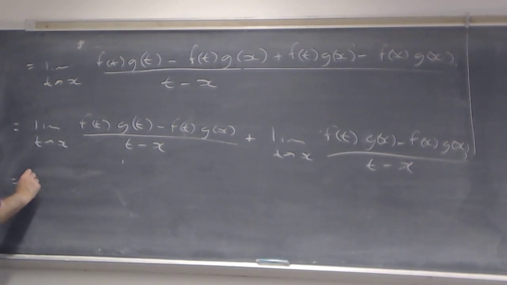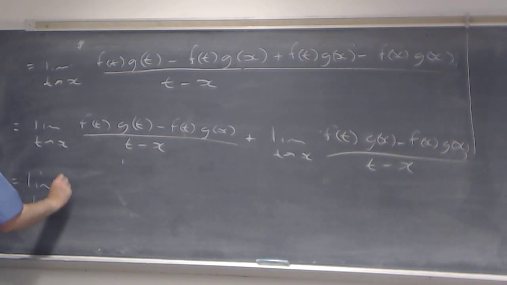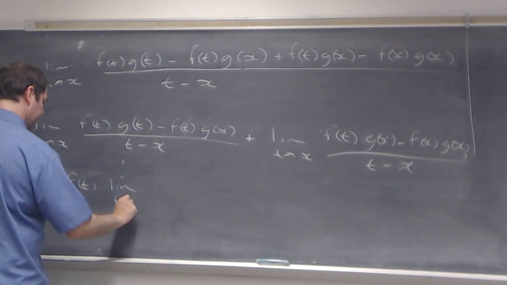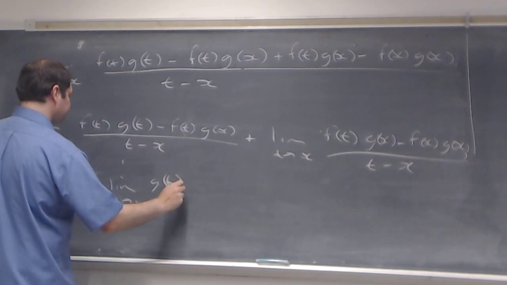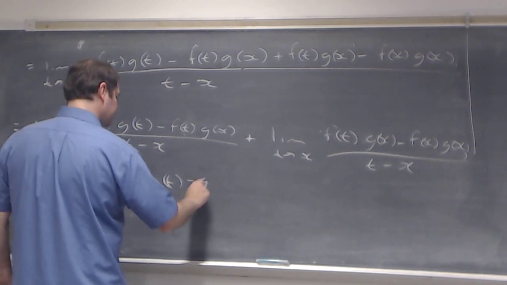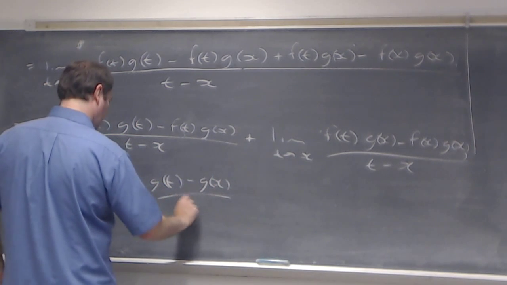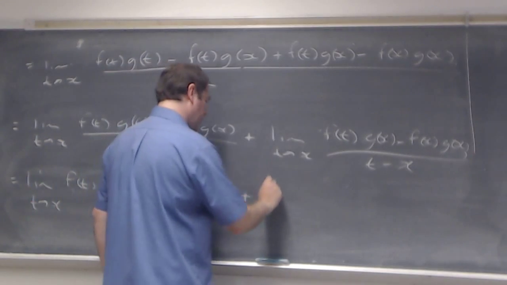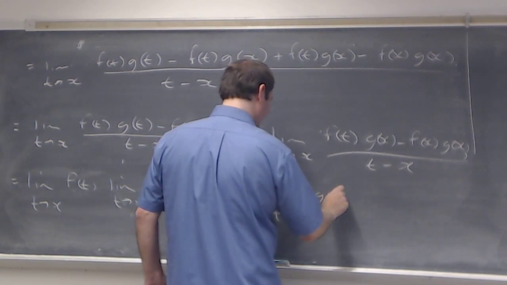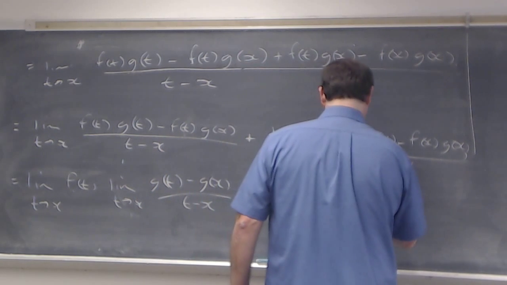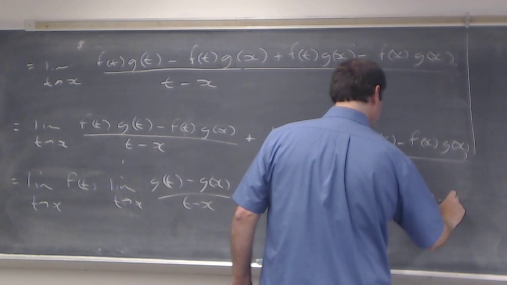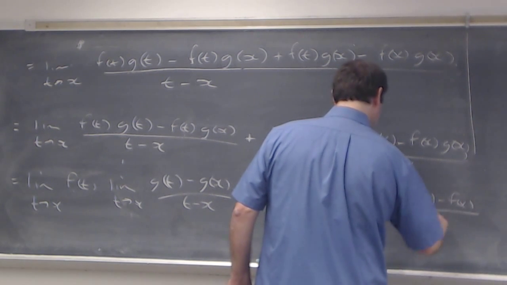There's an f of t, so I'll pull that out. So the limit as t goes to x of f of t, and then times the limit of g of t minus g of x all over t minus x, plus the limit as t goes to x, and what can be pulled out here is a g of x, times the limit as t goes to x of f of t minus f of x all over t minus x.